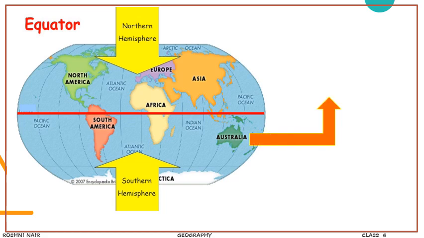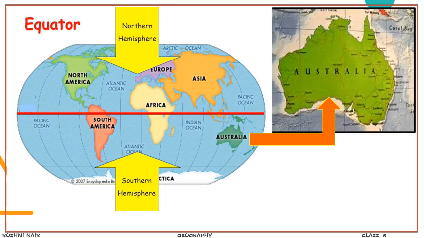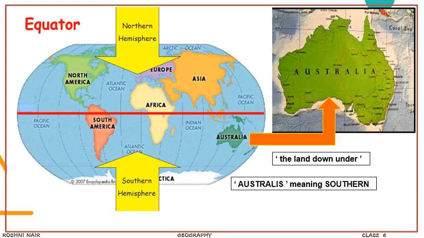So here, this is Australia on my screen. As I mentioned, the name comes from the Latin word Australis, meaning southern. The official name of Australia is Commonwealth of Australia. That is also important for us to understand.